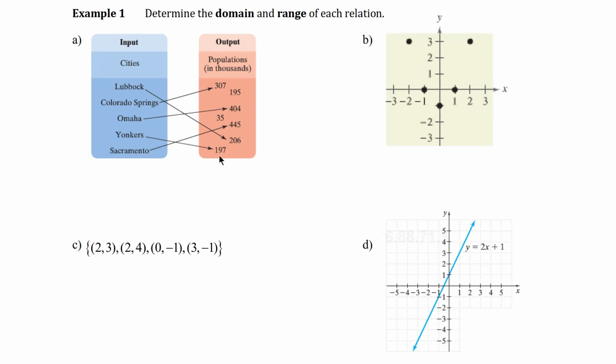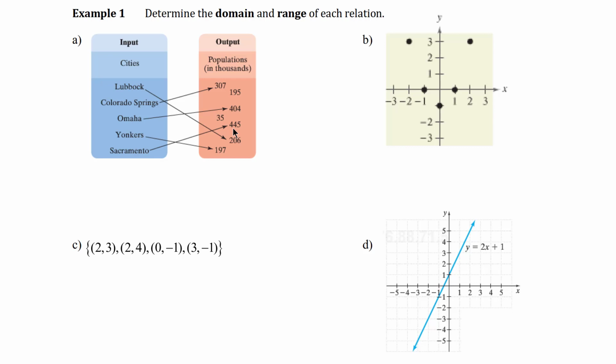We have a correspondence or relation that's set up between each of the cities and population. Lubbock corresponds to 206, Colorado Springs corresponds to 307, Omaha corresponds to 404, Yonkers to 197, Sacramento to 445.